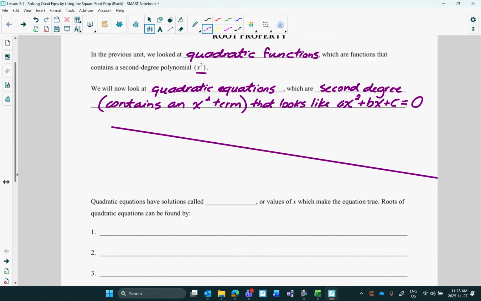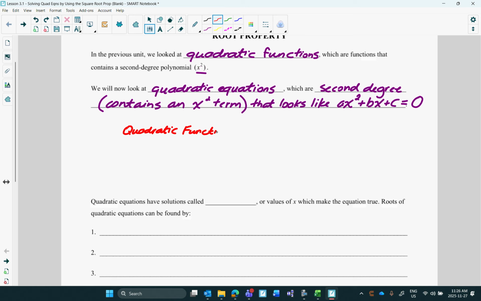So remember, quadratic equation, or sorry, quadratic function, we talked about a couple of forms. We say we'll write it in standard form. Y equals ax squared plus bx plus c.